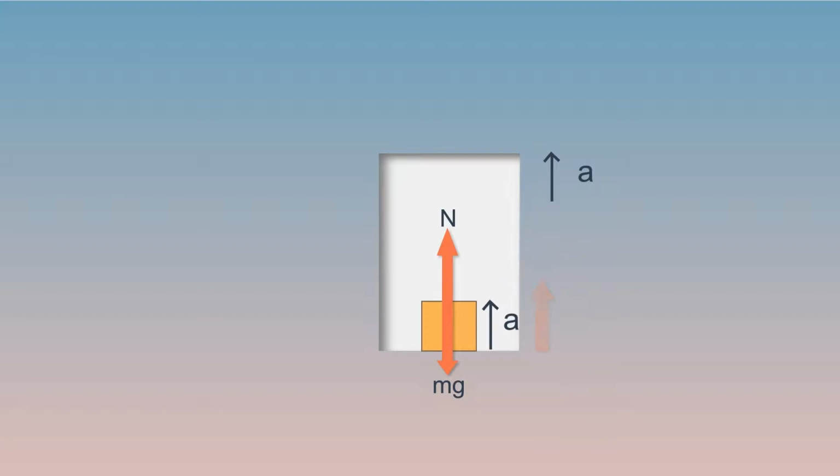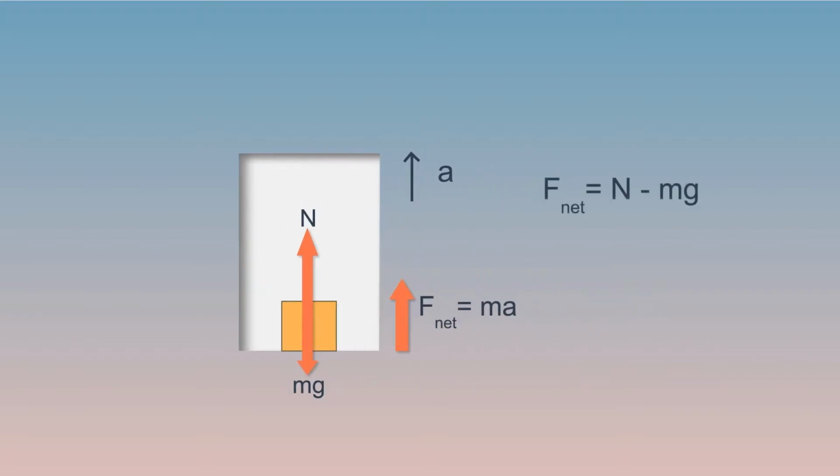Therefore, the net force acting on the block is m multiplied by this acceleration, and it is directed upwards. Hence, the sum of the two forces should be this in the upward direction. So, N minus mg is equal to ma. From this, we get N as being equal to mg plus ma. So, for this case, normal reaction is more than mg.